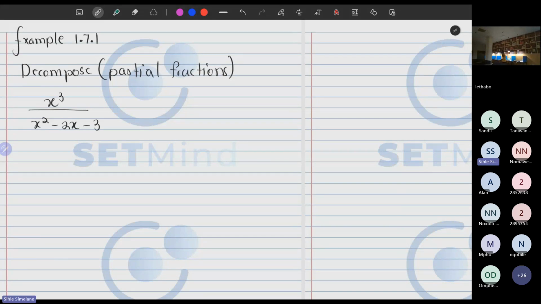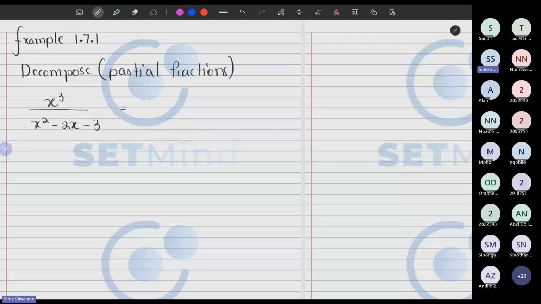And the first thing which you can do is, if you can, try to factorize your denominator. So we'll look for 2 numbers which when you multiply, you get -3. When you add them, you get -2. That would be -3 and a +1. So that's the first step you should take.